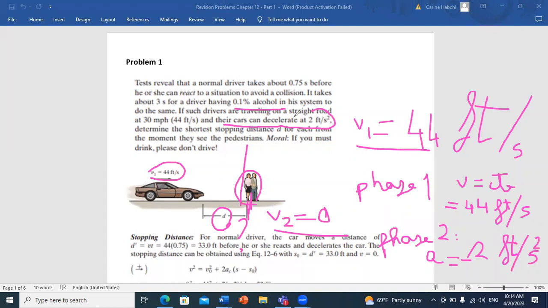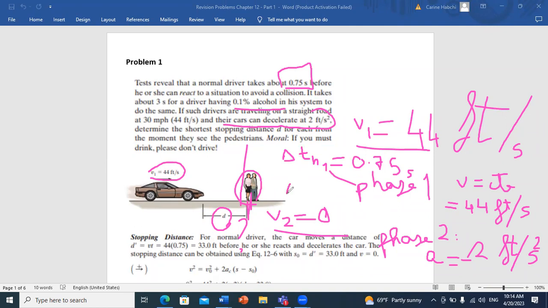So the reaction time for a normal driver is 0.75. Phase 1 only will be longer, so delta t for the normal driver, delta tn of phase 1, is just 0.75 seconds. While for the driver that drinks alcohol, you have a certain percentage of alcohol in your system, you need more time to react.